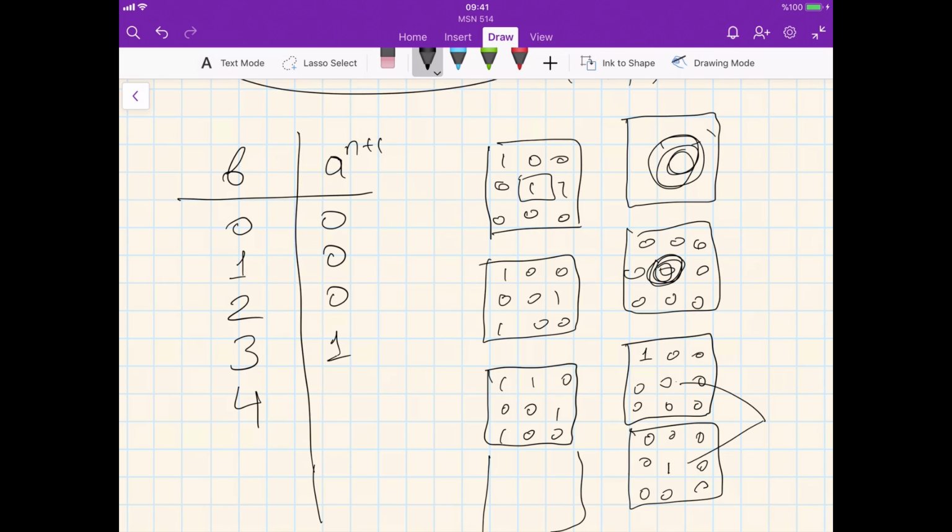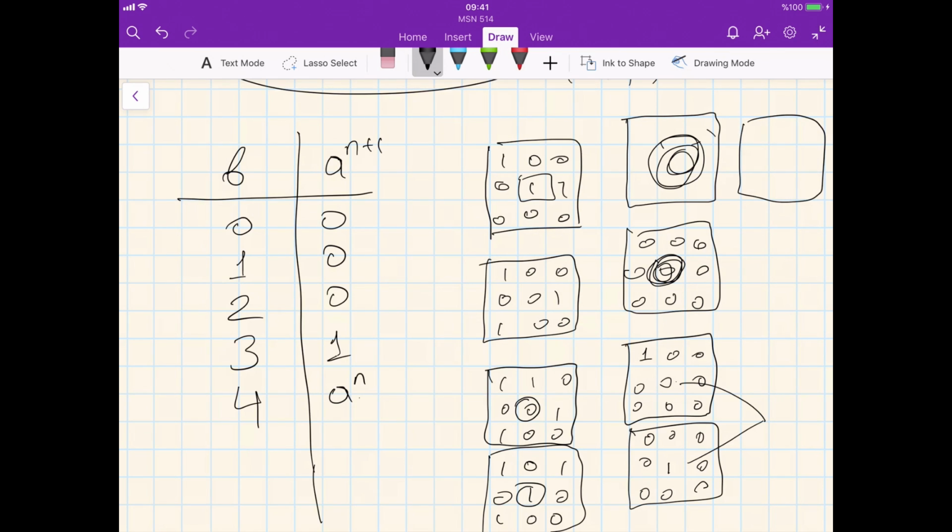If it's 1 and it has 3 neighbors, then it becomes 1. Okay? Then whatever this one is, it stays the same, right? So it is A in the previous generation.